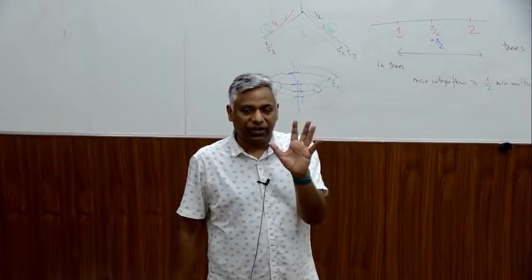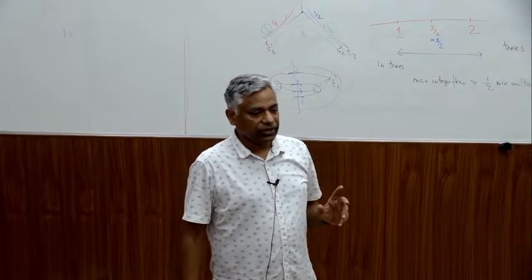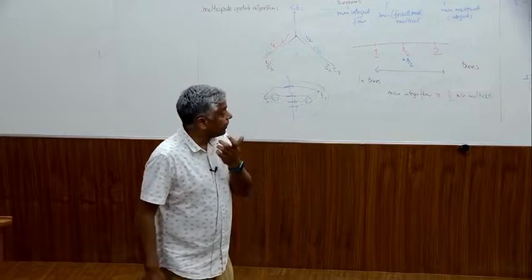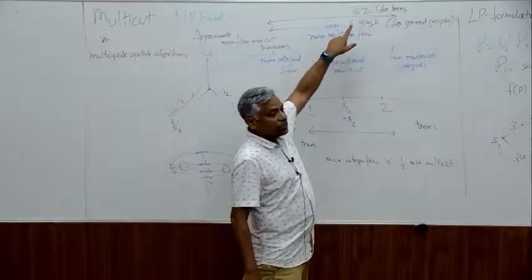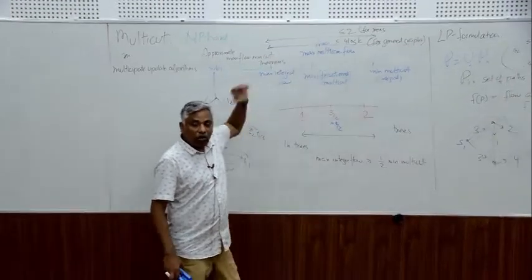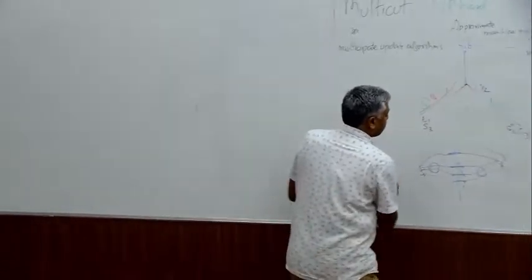I'll briefly give you an idea just so that you have a flavor for it, but I'll not be able to do it in full detail. So let me give you an idea of the rounding. Here this is more a primal dual algorithm, right? We are not going to solve the linear program and then round it, okay?